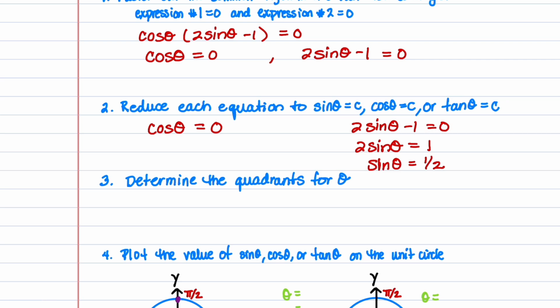Let's make a note that the solution for our equation on the left is theta is equal to arc cosine of 0. And for the equation on the right, the solution is theta is equal to arc sine of 1/2. Since cosine theta is equal to 0, theta is going to be a coordinate point.